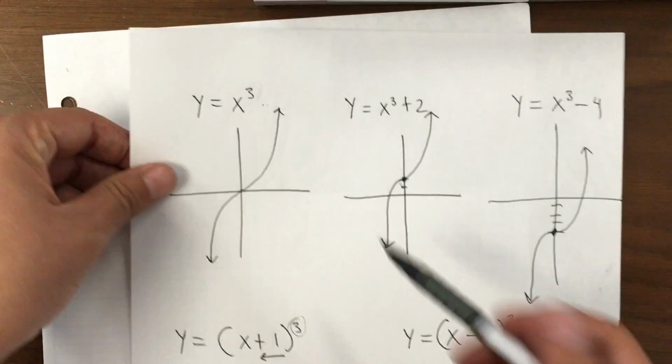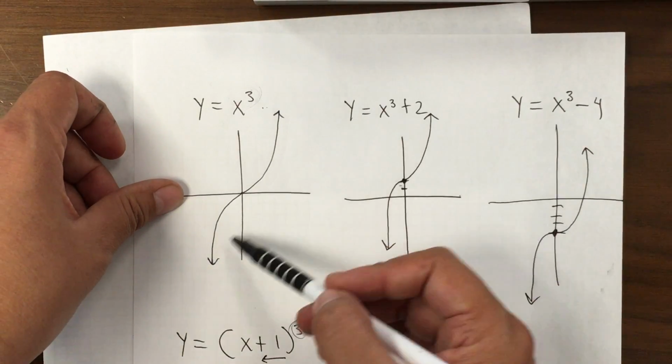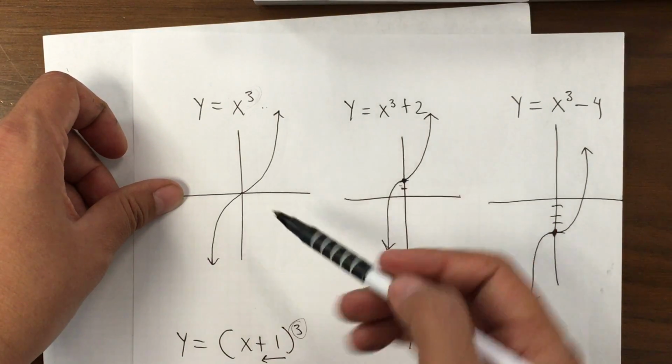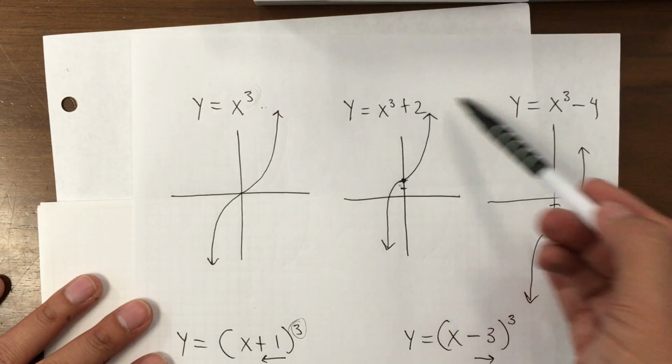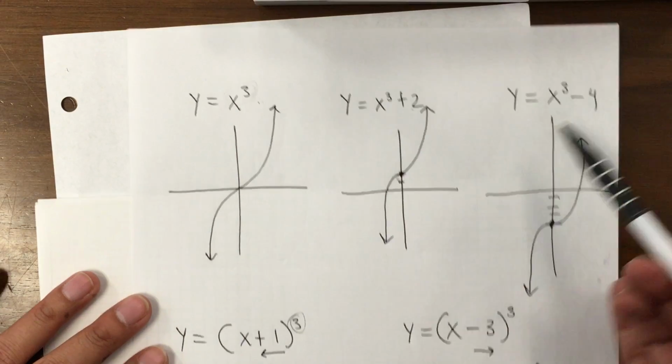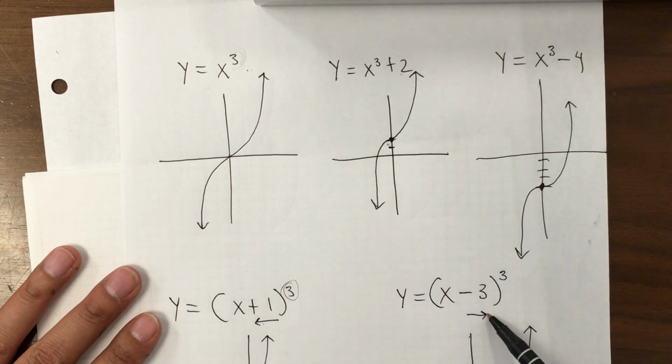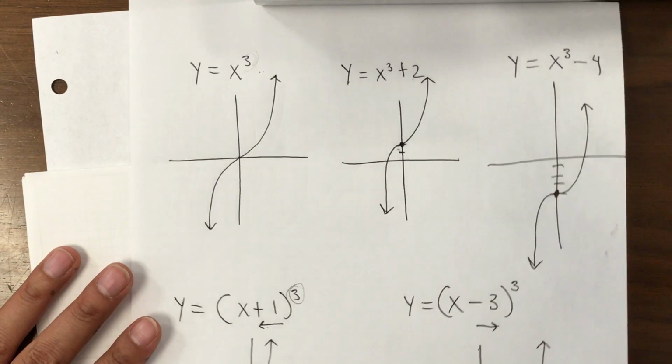And finally, the cube makes this type of shape, that type of graph, and again, you just go up or down, left or right.